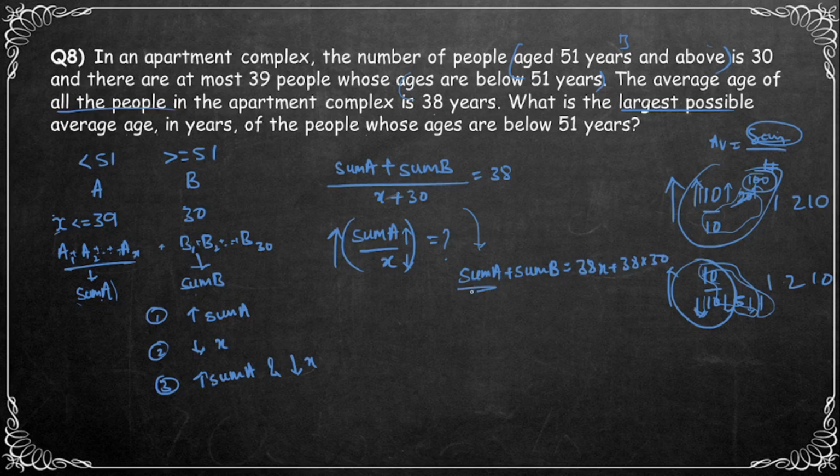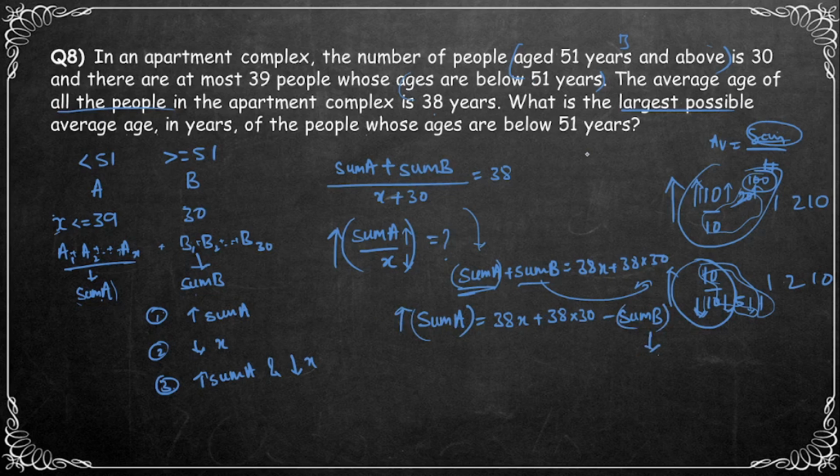Again we want everything in terms of sum A, right? So we will send that sum B to the other side. So sum A is equal to 38x plus 38 into 30 minus sum B. Now if we want the largest possible sum A, it is the first way or third way, right? So if you want this to be largest, this has to be the lowest.